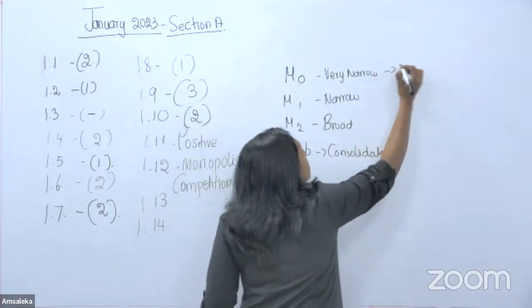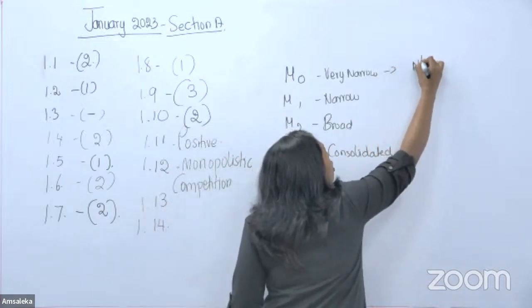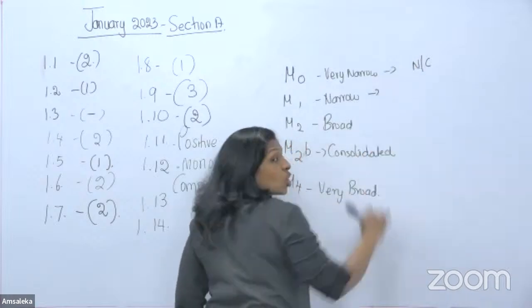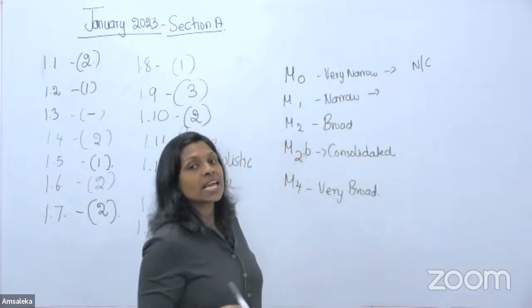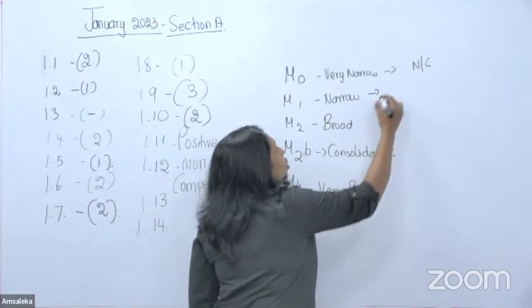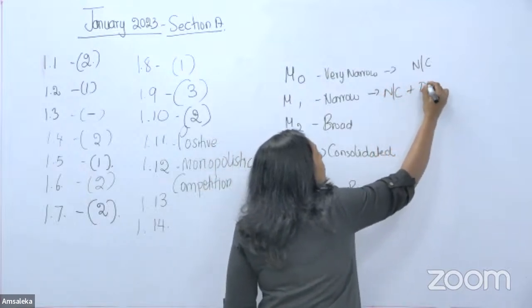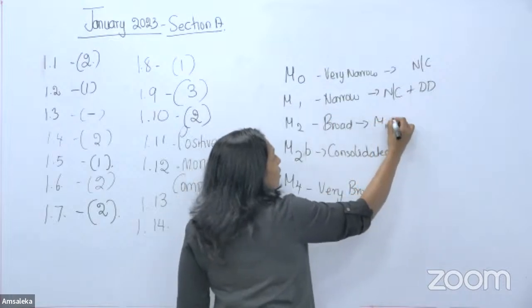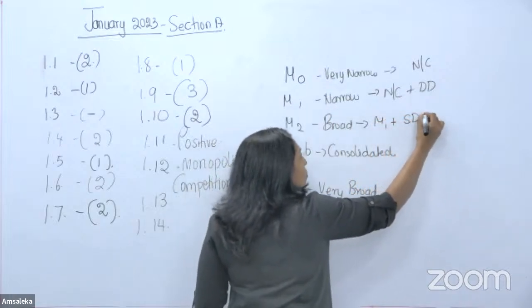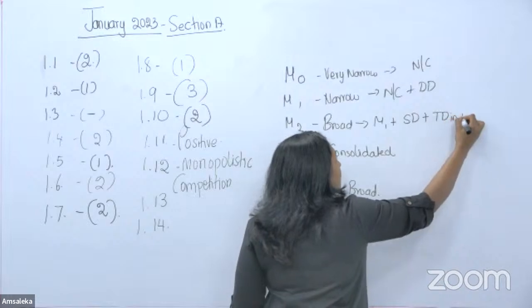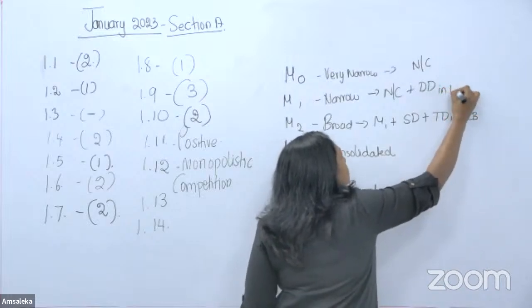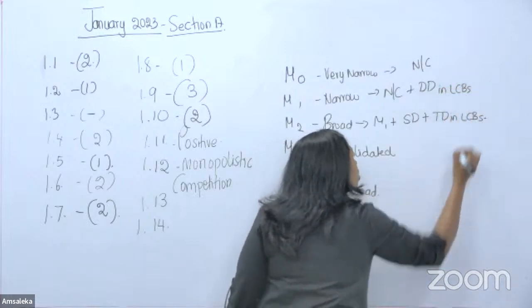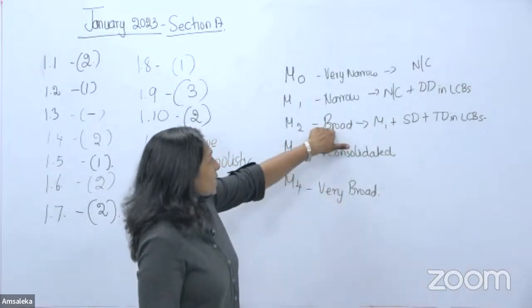So very narrow is about notes and coins, I mean currency held by public. So notes and coins with demand deposit is narrow money supply. M1 with savings deposit and time deposit in LCBs, licensed commercial banks, is broad money supply.